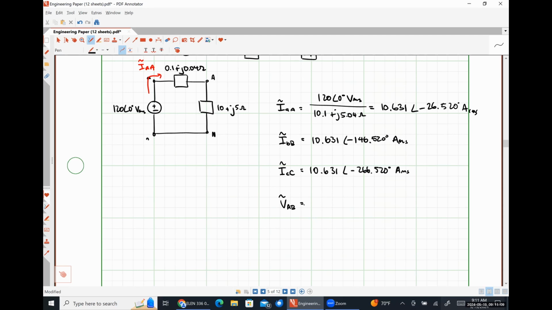IAA times 10 plus j5 is a perfectly reasonable way to do it. So 10.631 with an angle of negative 26.520 degrees amps times 10 plus j5 ohms.